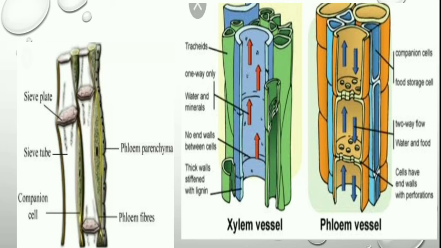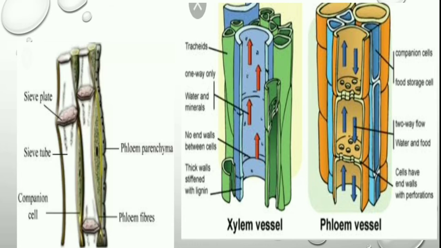We can't see end walls between the cells of xylem tissue, but the cells have end walls with perforation in phloem tissue. Thick walls of lignin are present in the xylem tissue. Here companion cells are present, which are there for the food storage of the cell.